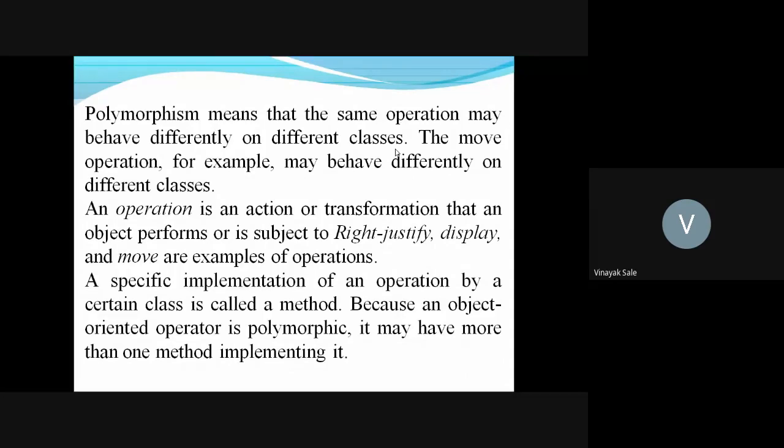Then rectangle: four angles with 90 degrees, and opposite sides are equal. All these properties are different for different classes, but triangle, rectangle, circle, ellipse, parabola, whatever, these are shapes under one name. They have different forms.